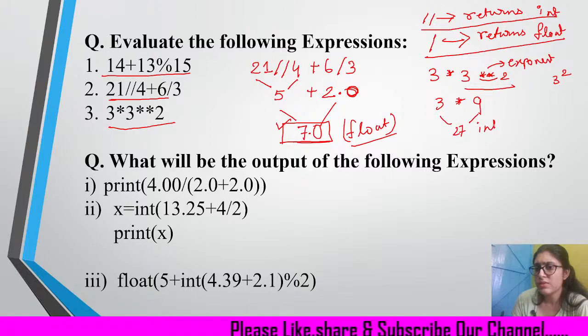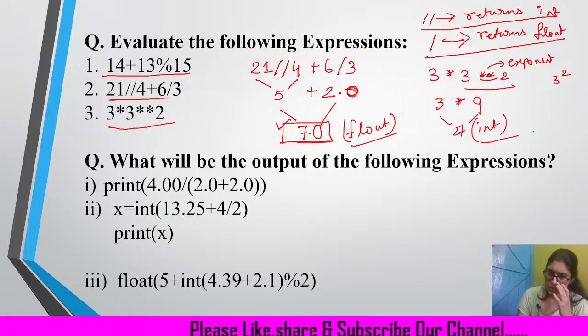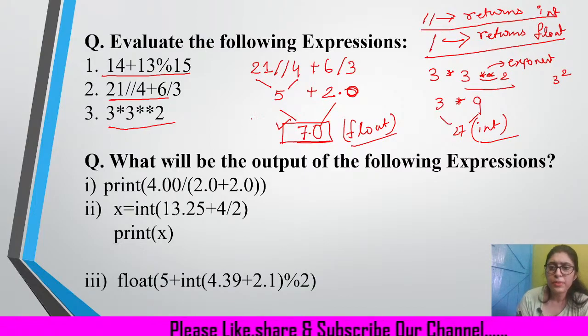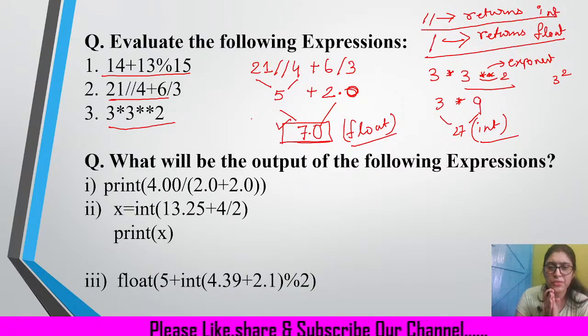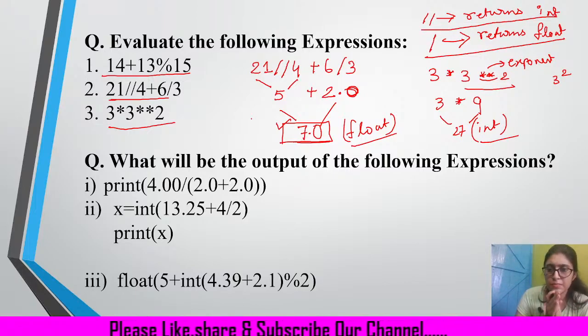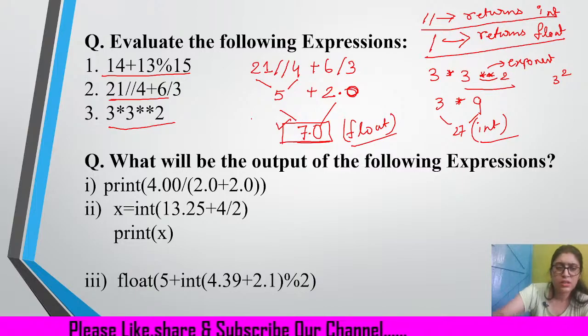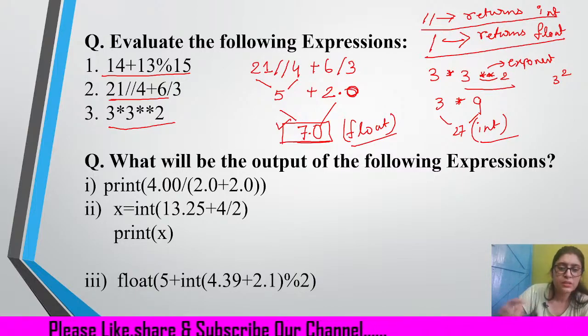So again it is an integer number. I hope you have understood how to solve this kind of problems or how to evaluate the expression. Okay, move on to the next question quickly.